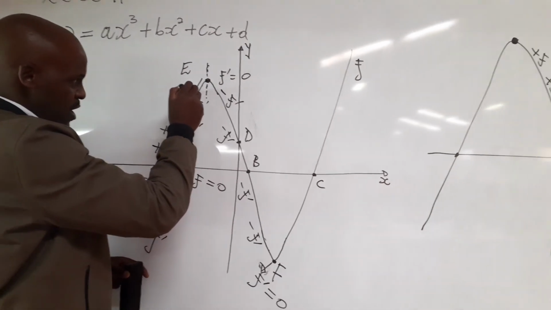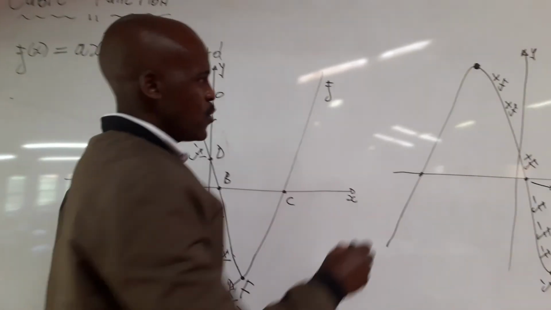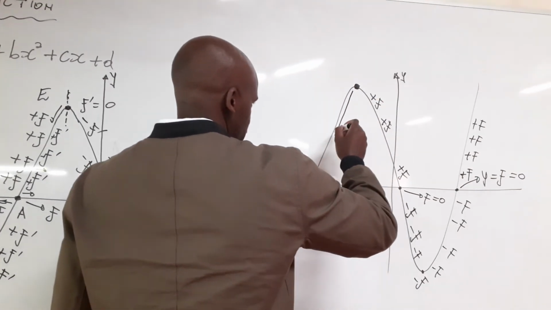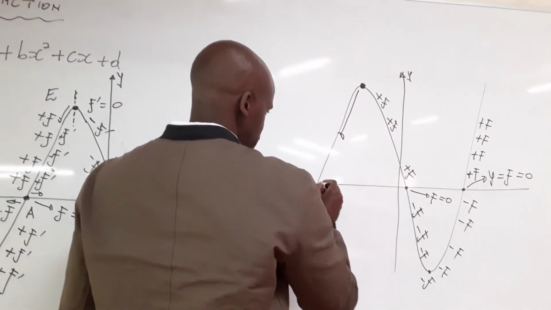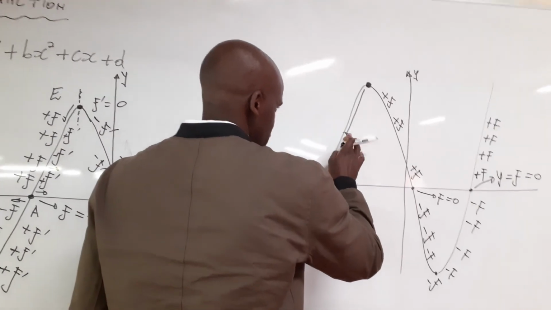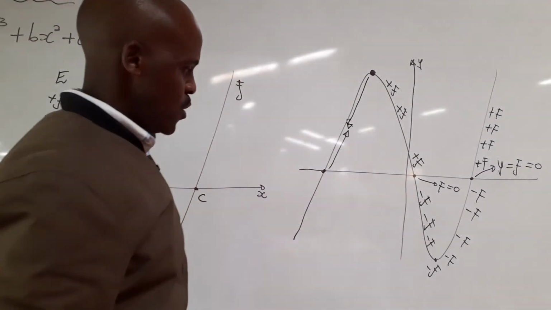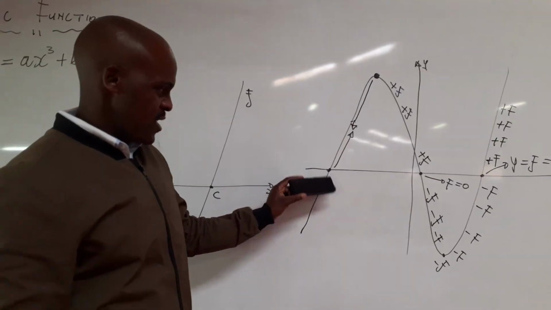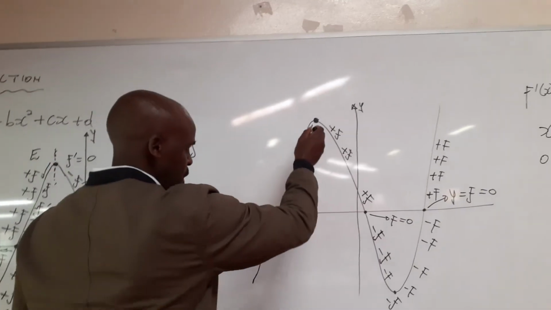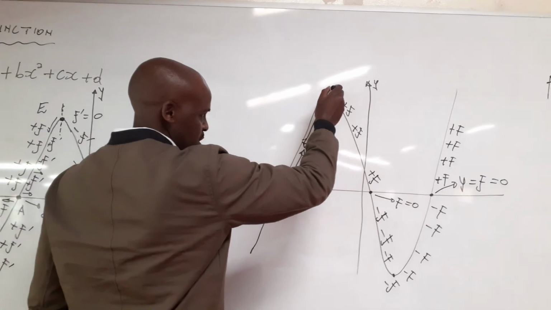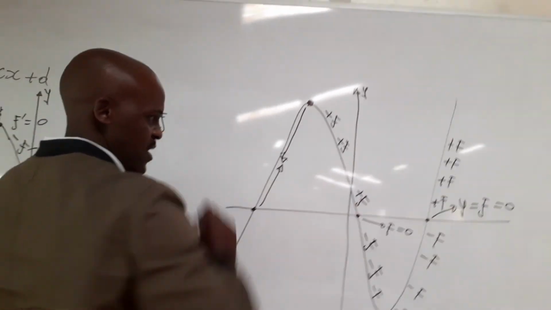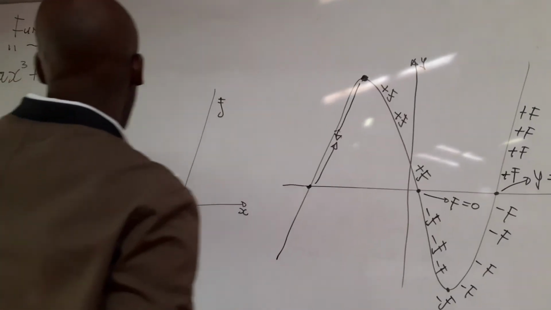You rather go back, or you move from this point upward. So x must be greater than this value here. If you go back, x must be less than the value of x at that point. So that is point E.